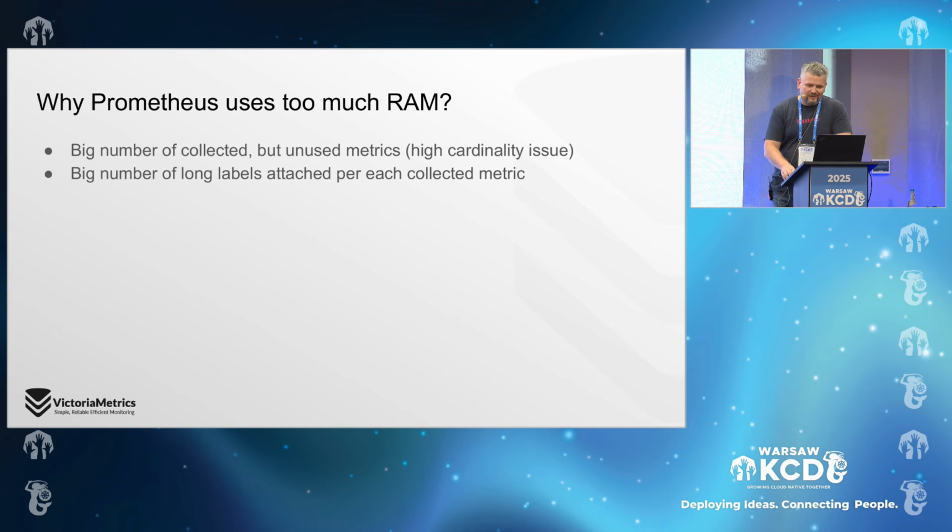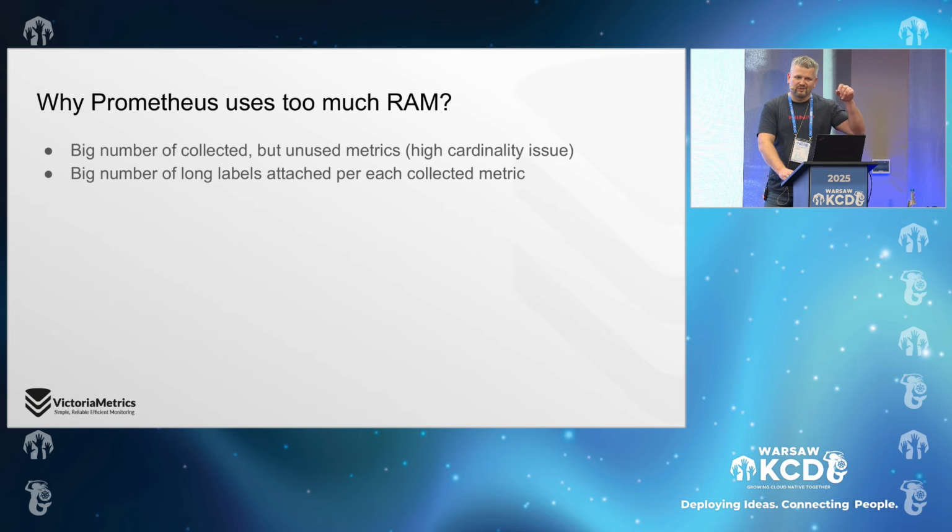Another problem is that typical observability in Kubernetes, which is performed by Prometheus operator, usually attaches many long labels to every collected metric during the collection of these metrics. It may attach labels which you define per pod.